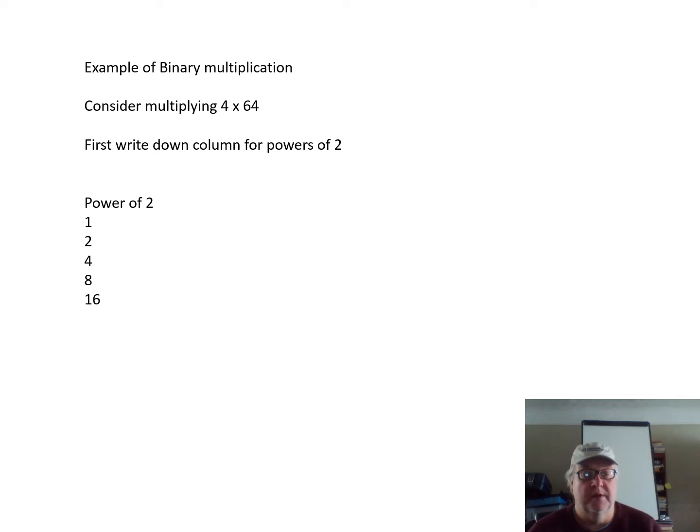So we look at another example of multiplication by this method. Consider multiplying 4 times 64. First, you create a column of powers of 2 for that. So powers of 2, you start from 1, then it's 2, 4, 8, 16, and you put that in the left-hand column.